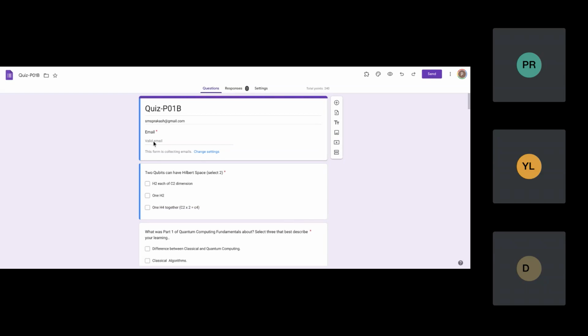Can you put your name and email? Were you able to edit it? Yes, you put your mail and it is able to accept it. Good. Did you press send on it at the top? Do you see anything called send at the top?